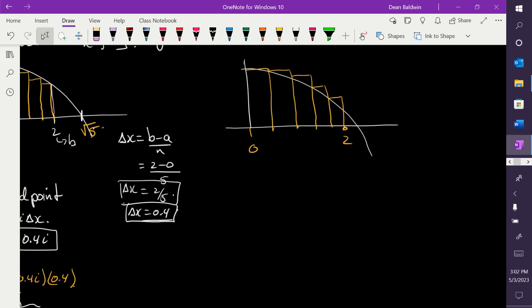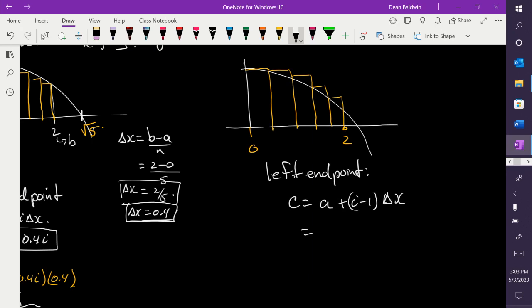Our delta x is the same. Does everybody agree with that? Delta x is going to be the exact same. The c value is what changes. The c value for left endpoint is c equals a plus i minus 1 times delta x.